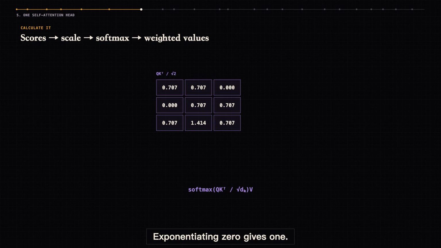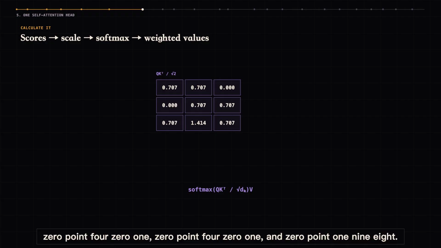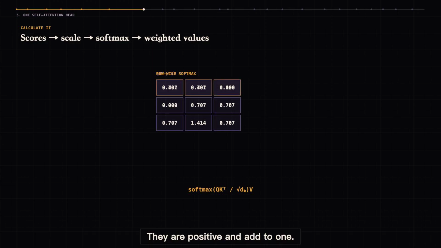Exponentiating 0 gives 1. Divide each result by their sum, about 5.056. The attention weights become approximately 0.401, 0.401, and 0.198. They are positive and add to 1.